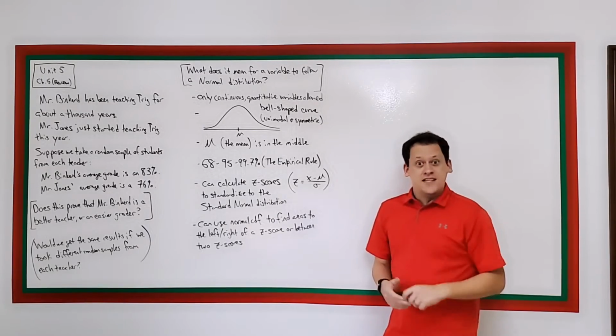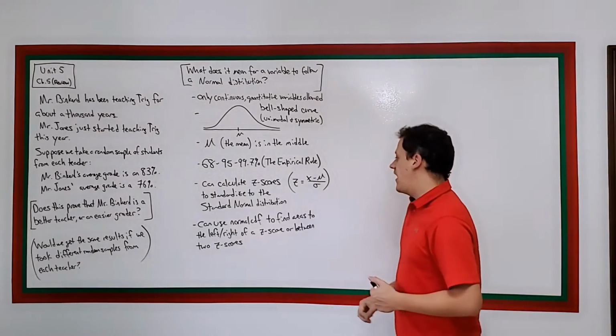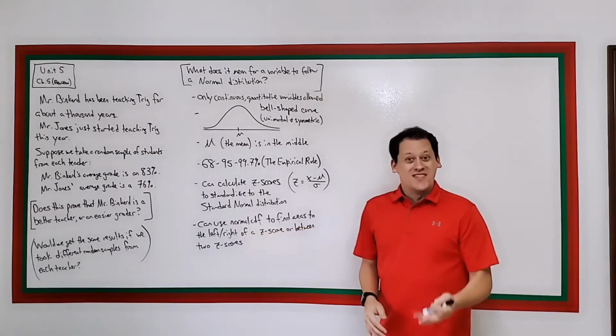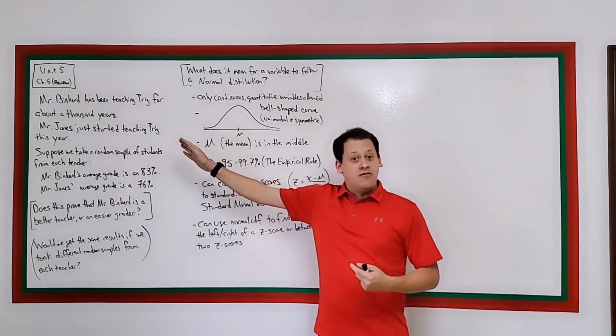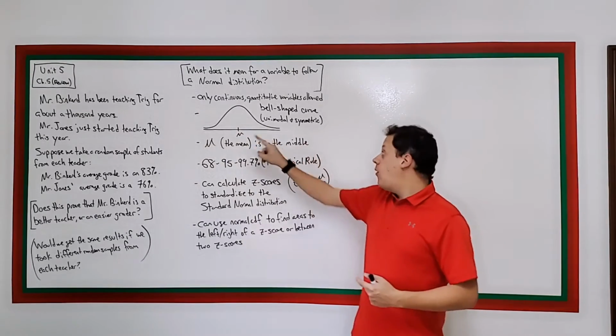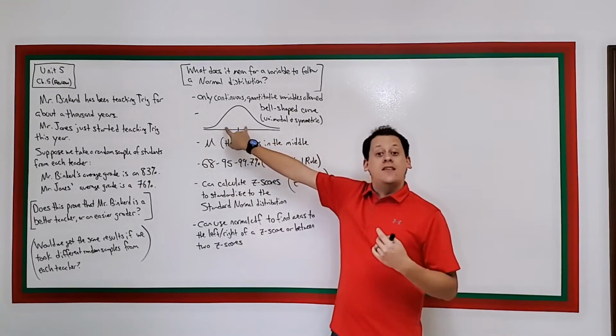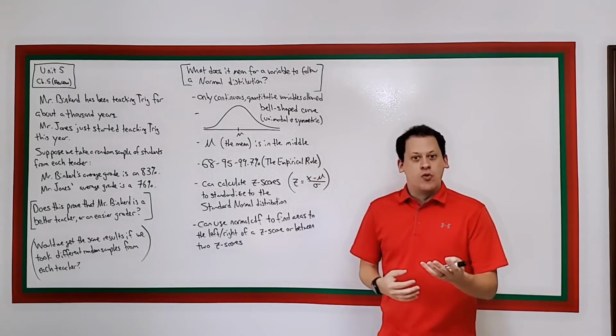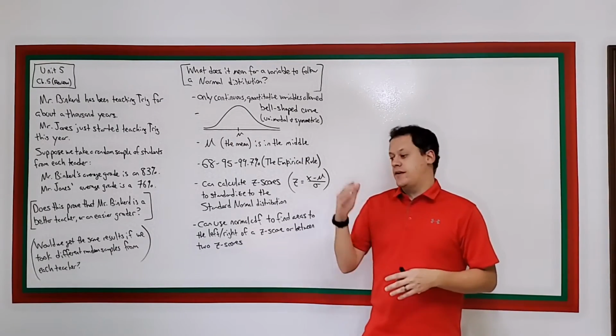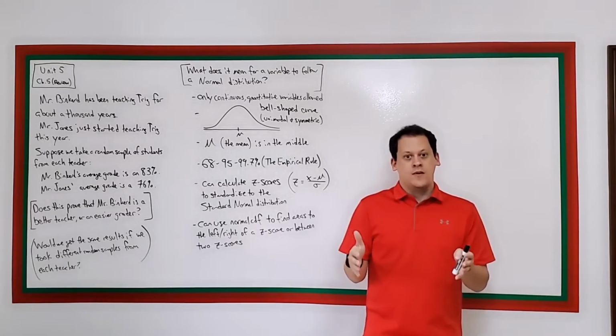Once you've calculated a z-score for a particular value, we could then use normal CDF to find the areas either to the left of a value, to the right of a value, or if we have 2 values, the area in between. So we can make statements like 64% of all values fall between this value and this value.